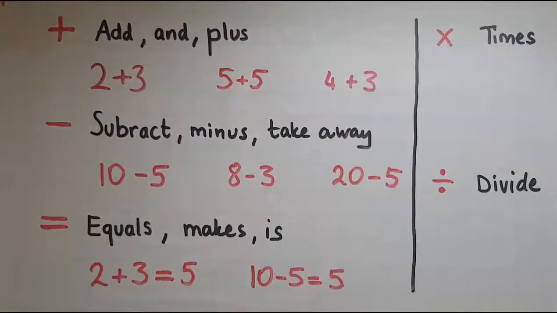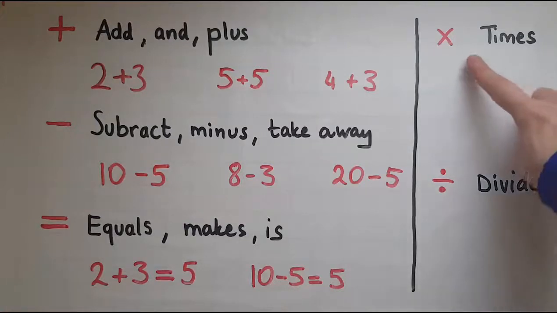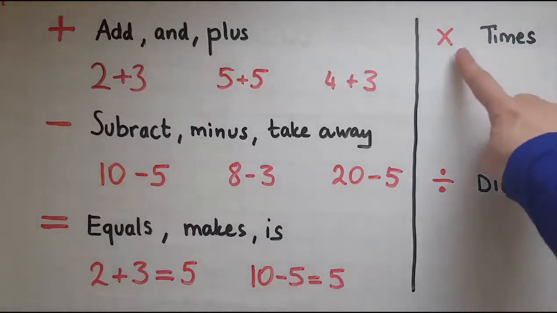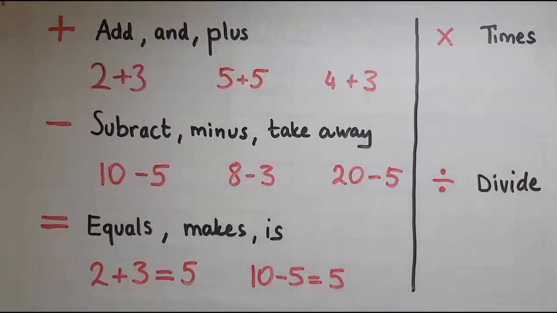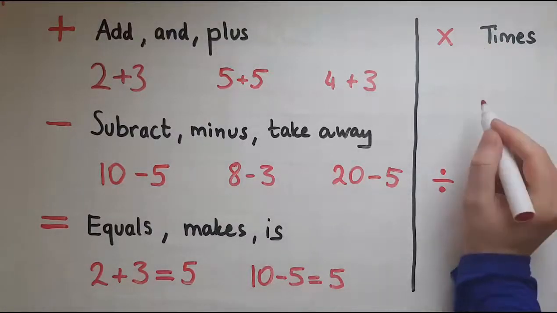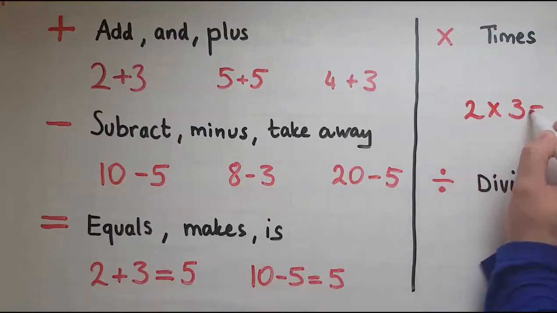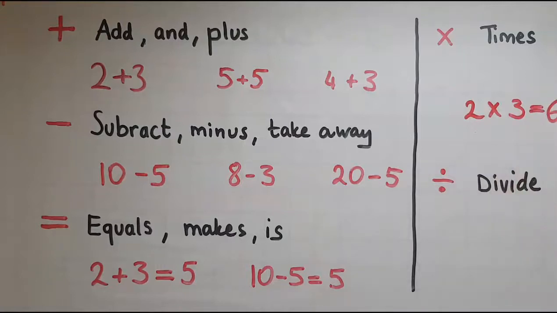In the previous video we looked at these 3 symbols: add, subtract and equal symbols. In this video we'll look at these other 2. So this symbol is the times symbol. So 2 times 3 equals 6.